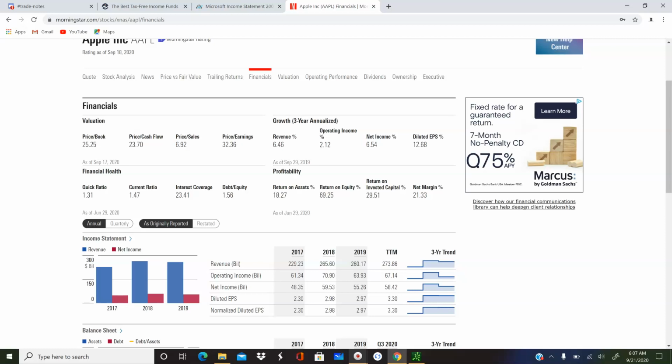An industry like utilities or energy is generally going to have a low interest coverage ratio, and it's acceptable for that industry, because a lot of companies in that industry are heavy on the debt side.